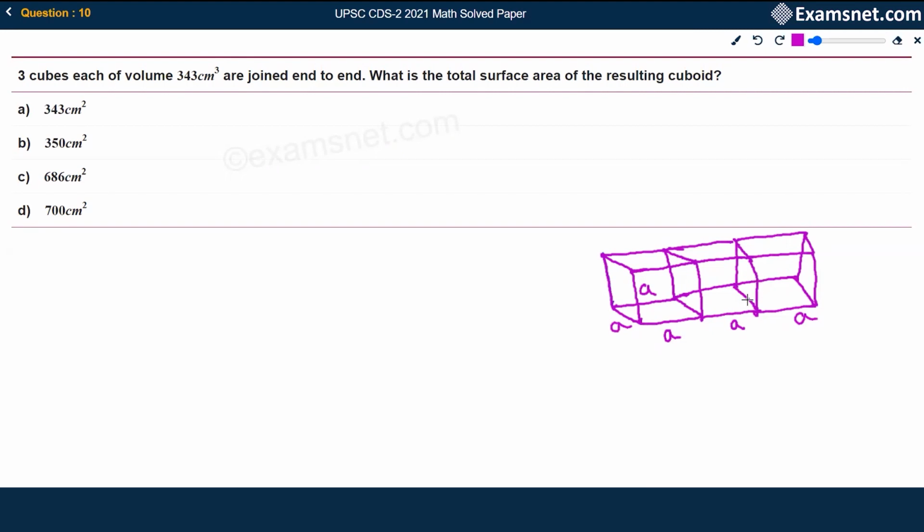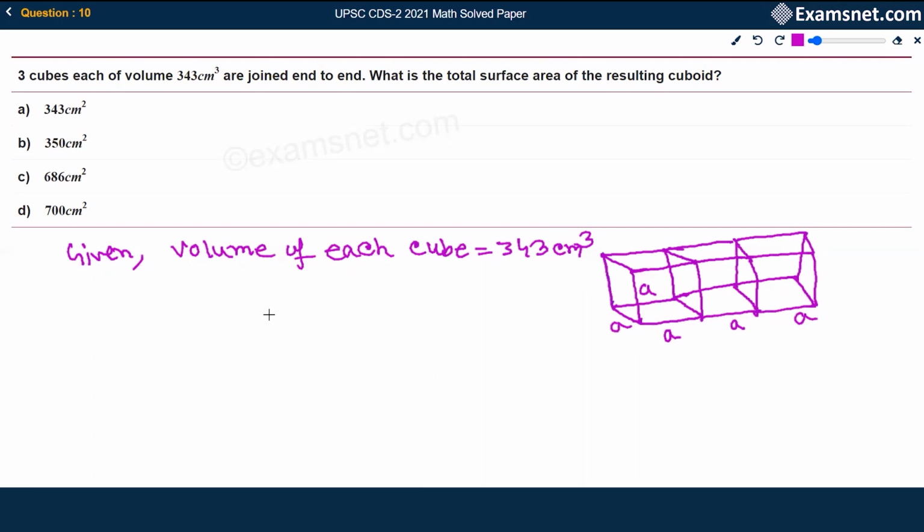Look, so here it is given that volume of each cube is 343 centimeter cube. Okay, now we can assume that the length of one edge of each cube be a unit, right? So the length of all the sides of a cube will be a unit, correct?